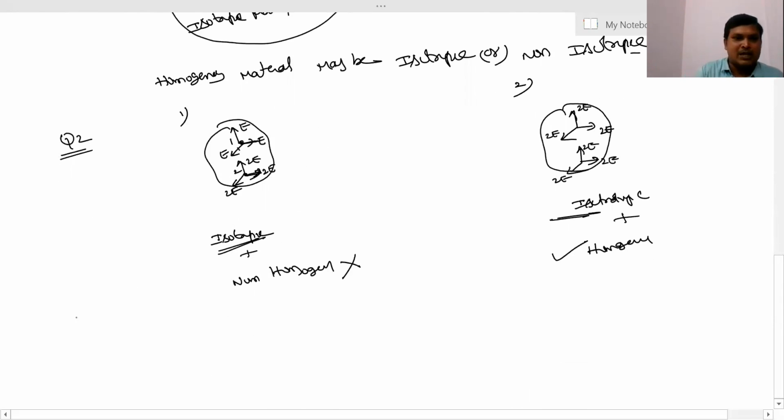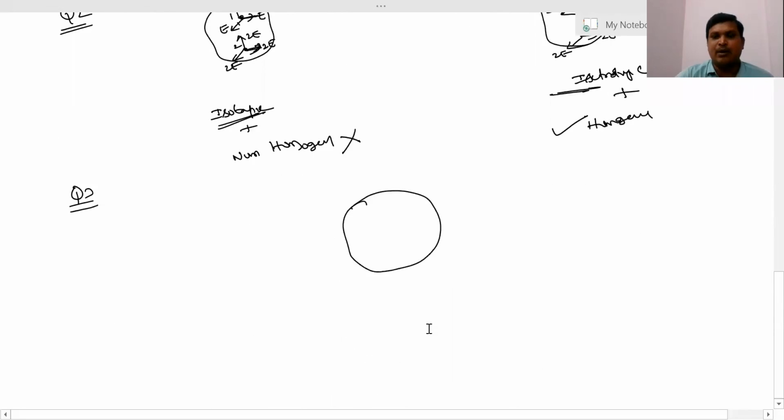And my last question is, this is my point. This is my body, any body I'm taking. So this is E1, E2, E3. What is this body? At a given point, in all directions, the material property is different. This is non-isotropic.